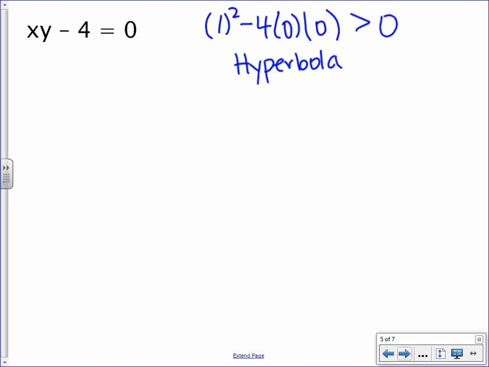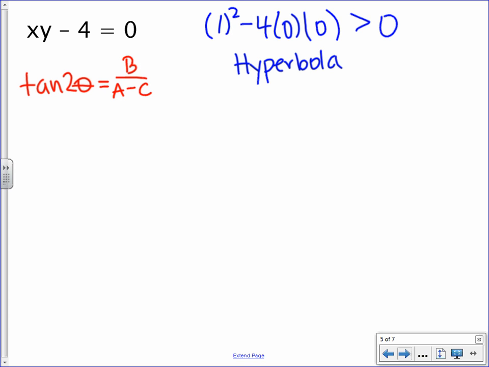Now we're going to determine the angle. How many of you would prefer to use cotangent? How many of you would prefer to use tangent? All right. So the tangent of 2 theta, we decided, was b over a minus c.